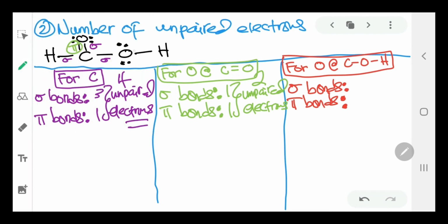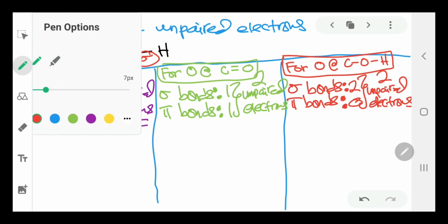And this oxygen here, you have 2 sigma bonds, 0 pi bond. Therefore, you need to have 2 unpaired electrons.